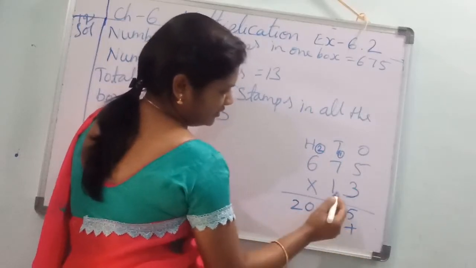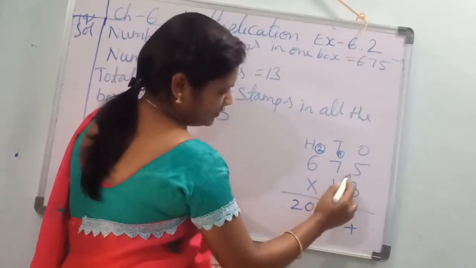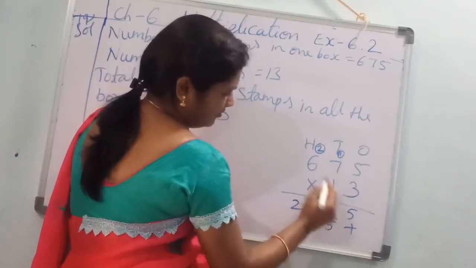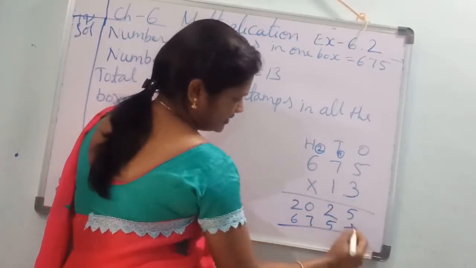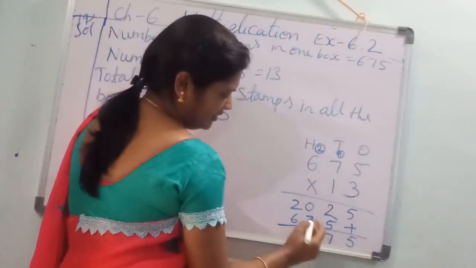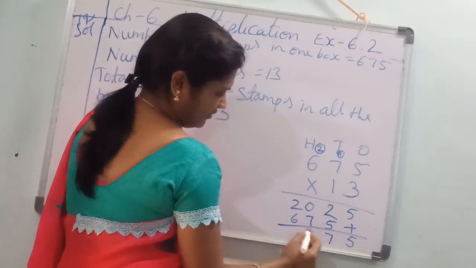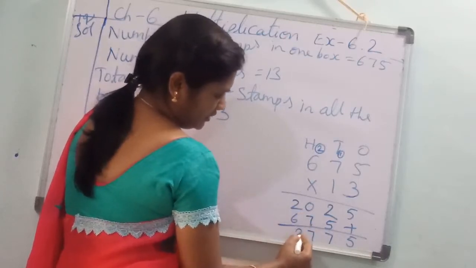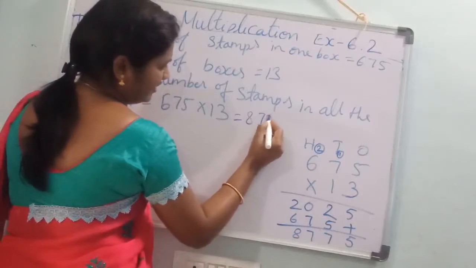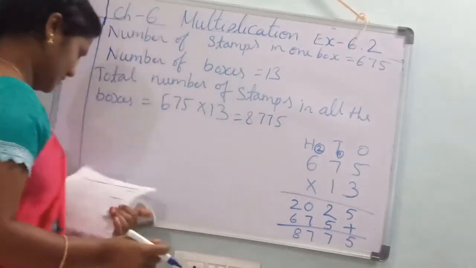Plus symbol. This one over, ones place. Now tens place. 1 5 is 5. 1 7 is 7. 1 6 is 6. See? 5. 2 plus 5, 7. 0 plus 7, 7. 6 plus 2, 8. What is that answer? 8775 is the answer.